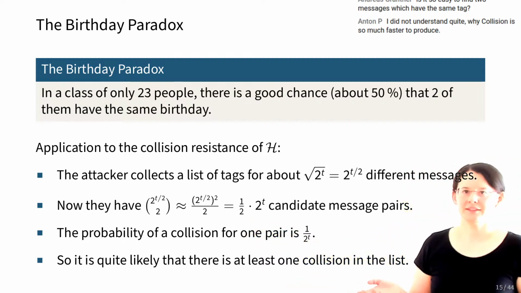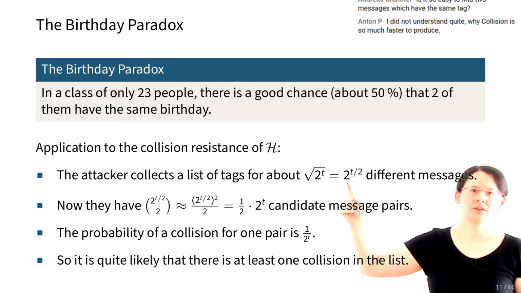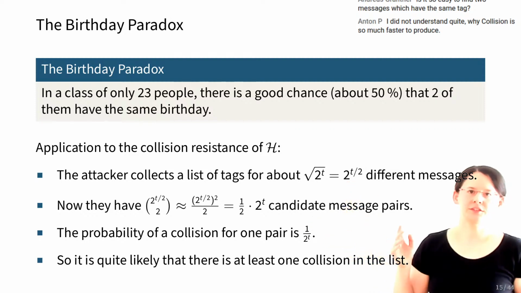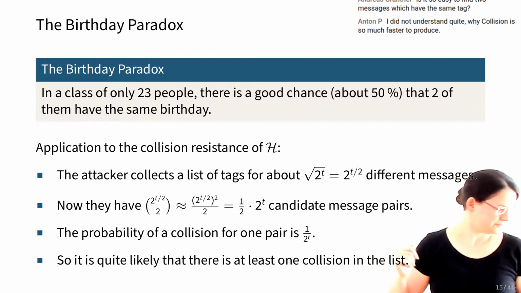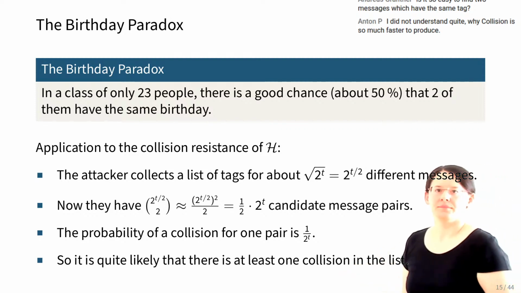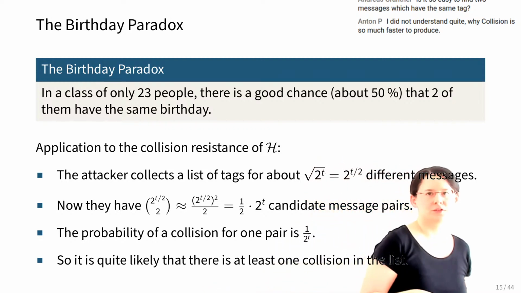So what this means is that because I have so many candidate pairs from this few individual messages, the likelihood that one of the pairs is correct is very high. So this is the main idea of why collisions are so much faster.